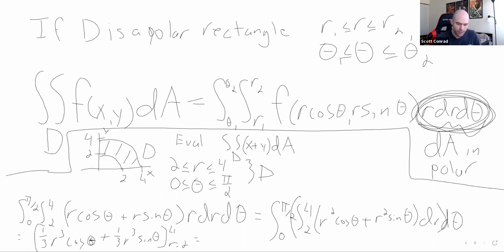Okay, so 4 cubed is 64, 2 cubed is 8. So 1/3 times 64 minus 8 is 56 over 3. So 56 over 3 cos theta plus 56 over 3 sine theta.